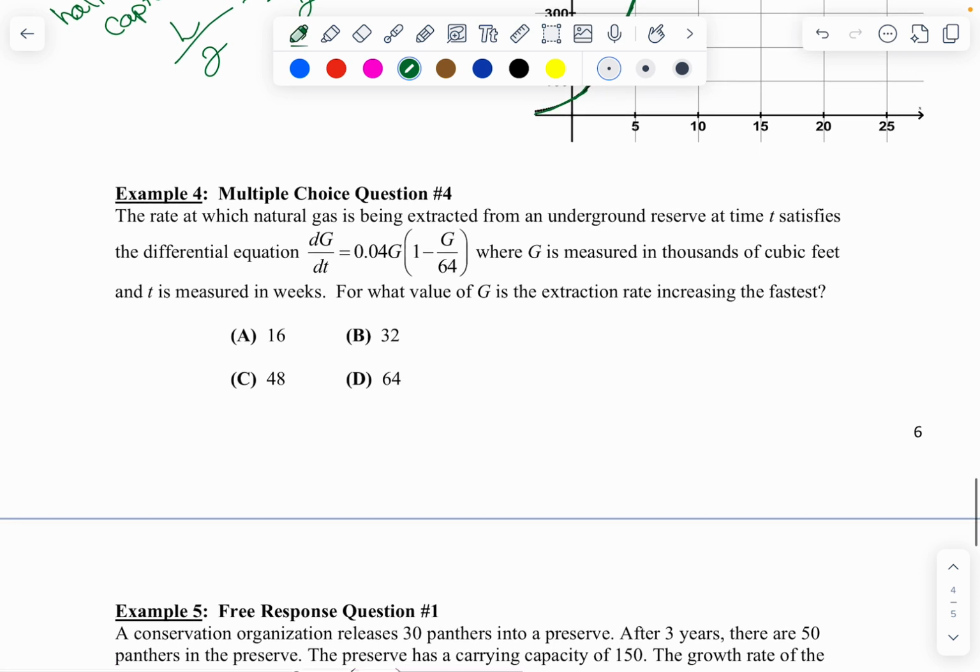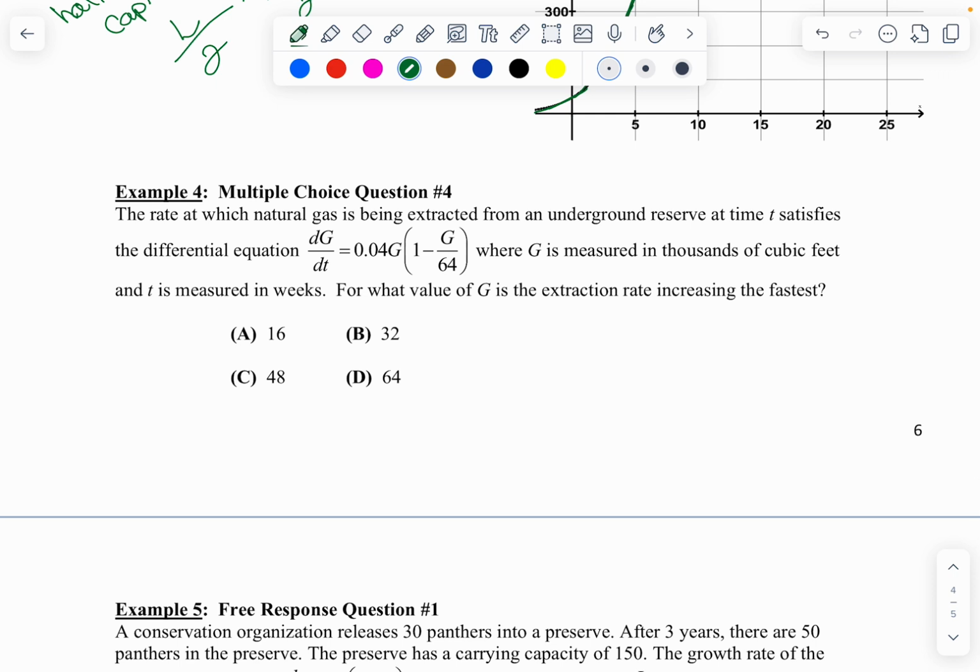All right, example 4. The rate at which the natural gas is being extracted from an underground reserve at time t satisfies this differential equation, where G is measured in thousands of cubic feet and T is measured in weeks. For what value of G is the extraction rate increasing the fastest?